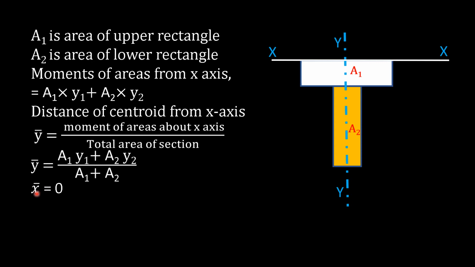Since the section is symmetrical about vertical y-y axis, it becomes the centroidal axis, hence x bar will be 0. So, position of centroid G will be 0, y bar, which is here.